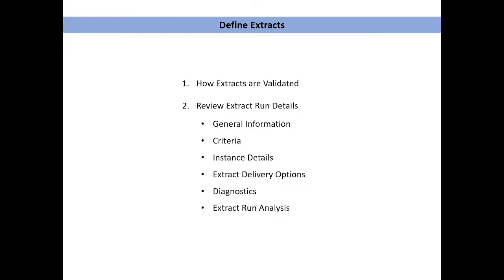So you have to go to My Client Group where you have to find Data Exchange. Then you have to go to the View Extract Detail option, and there you have to find your submitted extract. Then you can open that extraction, where you can find your journal information, criteria, instance detail, extract delivery options, diagnostics, and the extract run analysis.